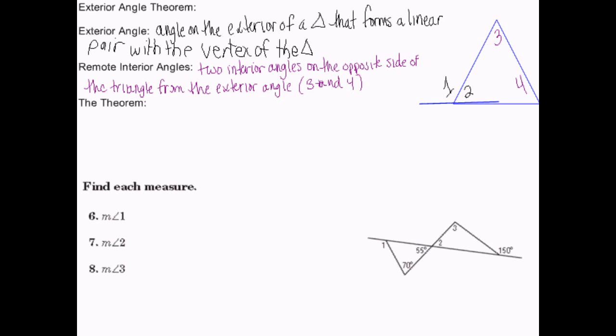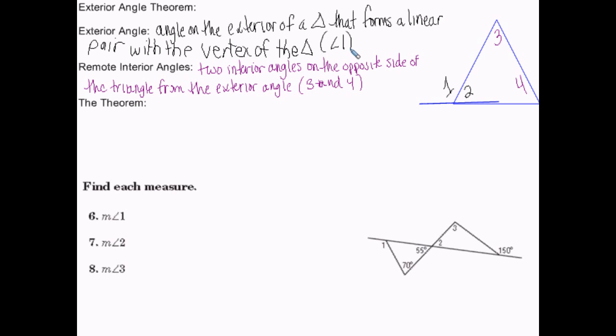The exterior angle: if you extend the side of a triangle in a straight line, you form an exterior angle. And so angle 1 is an exterior angle. It forms a linear pair with the vertex.